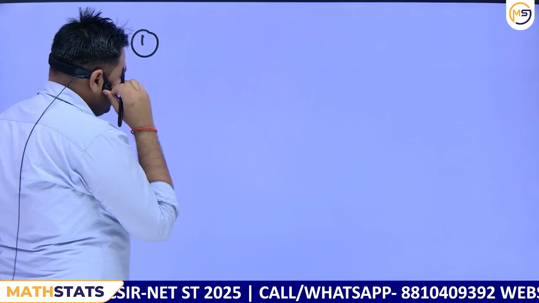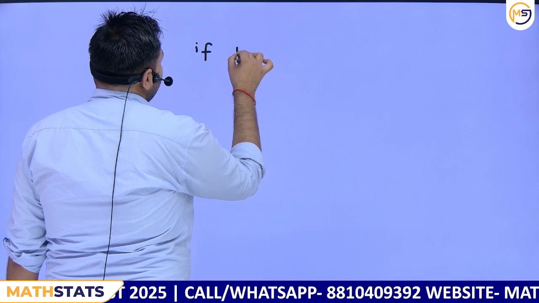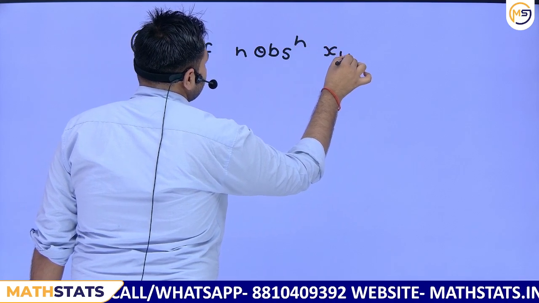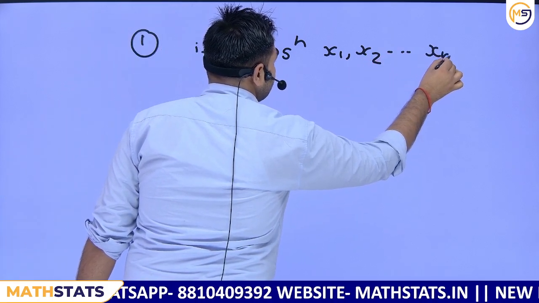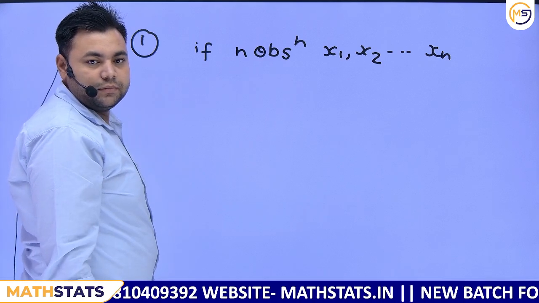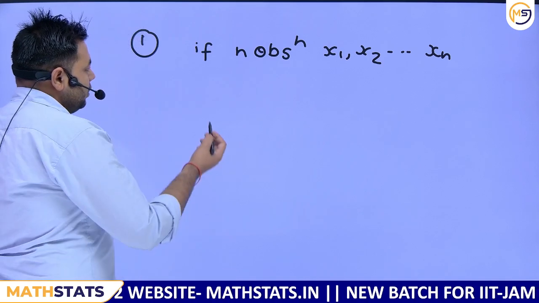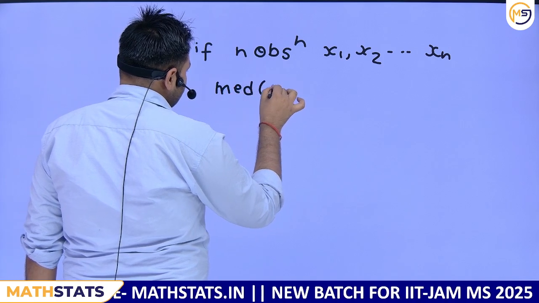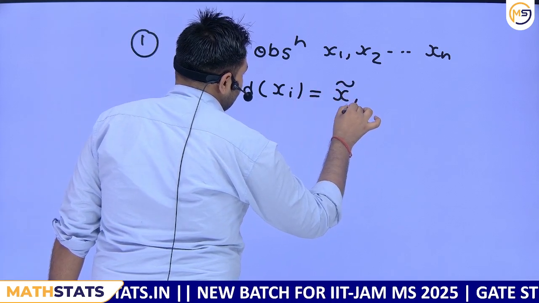Suppose we have observations x1, x2 and so on up to xn. Suppose the median of these random observations xi is equal to x tilde median.